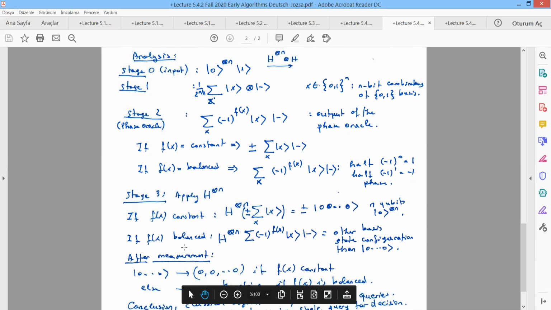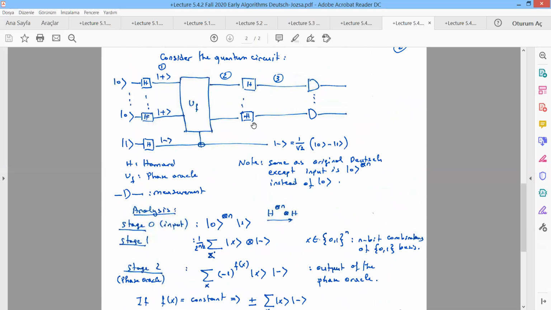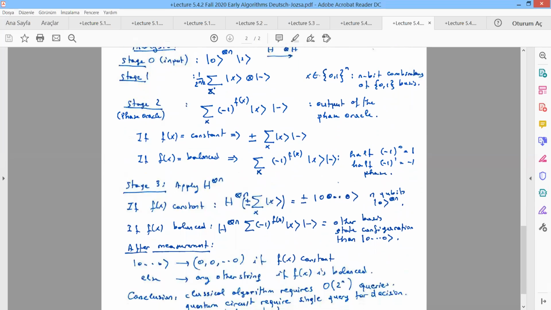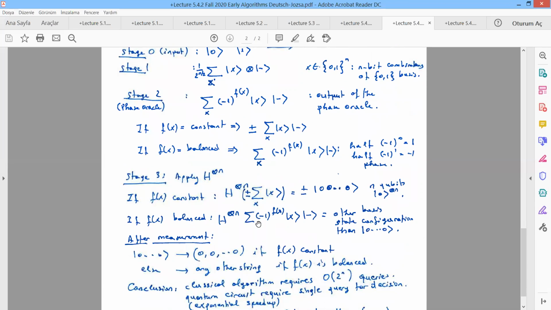On the other hand, if f of x is a balanced function, and we apply this Hadamard tensor n on the output, we have Hadamard tensor n applied to the linear superposition of (-1) to the f of x, ket x, and we also have ket minus, the ancilla bit, tensored. So we get basis state configurations other than ket 0, 0, 0.